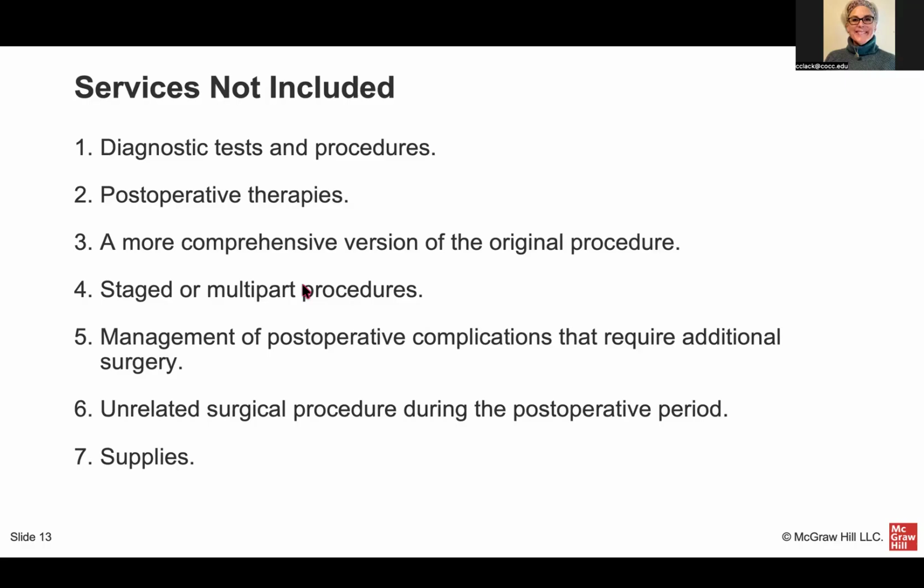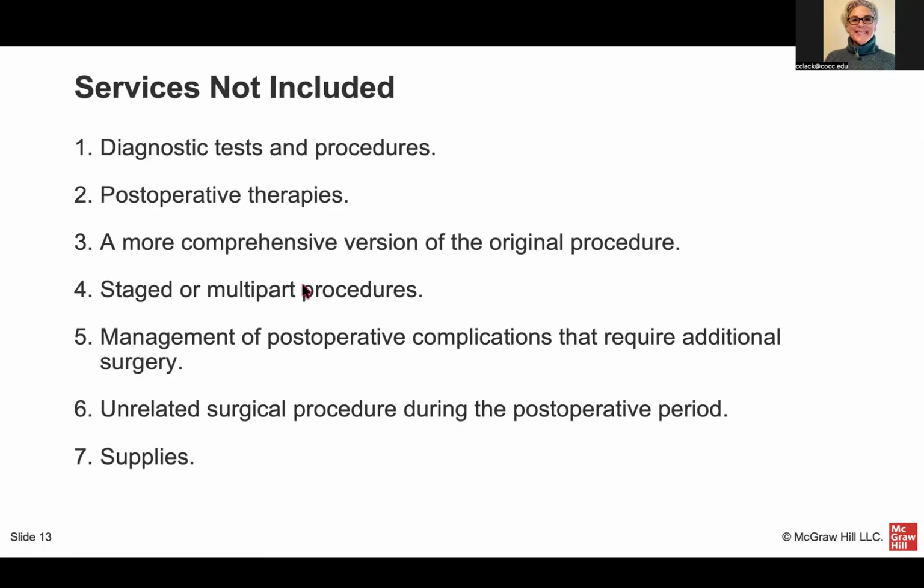Management of post-op complications that require additional surgery, when you're looking at complications, the key word here is additional. If the complication requires a physician to return to the OR to do more, to fix the complication, that would be separate.